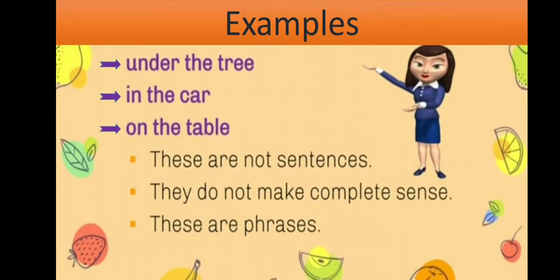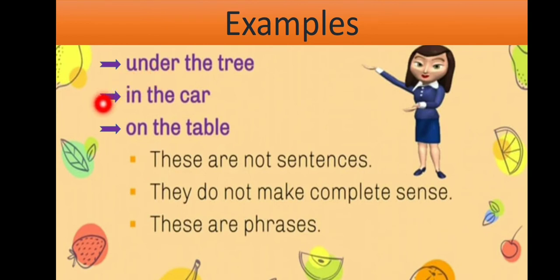Let's see some examples of phrases to get this clear. Under the tree. Under the tree is a phrase. Do you know what is under the tree? No, it is incomplete. It is not expressing the complete thought.